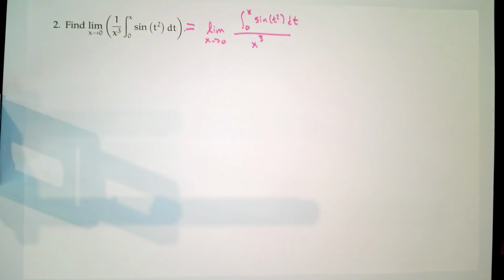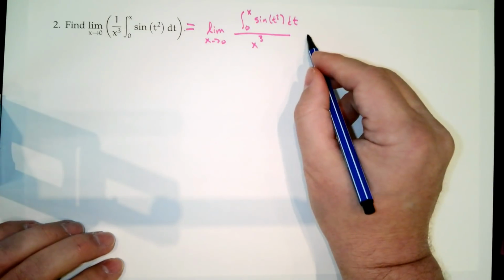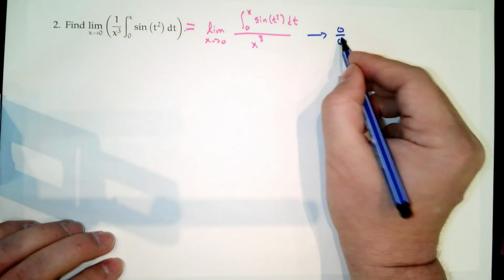Now, if you look at this, it's a ratio, and in the denominator, because we're letting x go to 0, x cubed, well, that goes to 0. That's not a surprise. What about the integral from 0 to x sine of t squared? Well, it goes 0 to 0. What's the integral from 0 to 0? It's 0. Yeah, if you integrate from somewhere to the same somewhere, it's always 0. So this is going to 0 over 0. Aha!